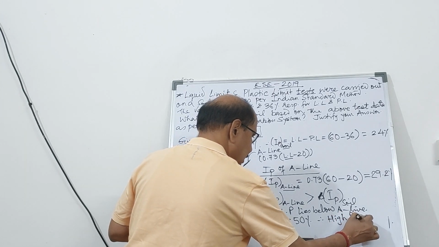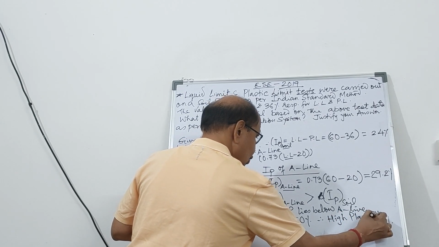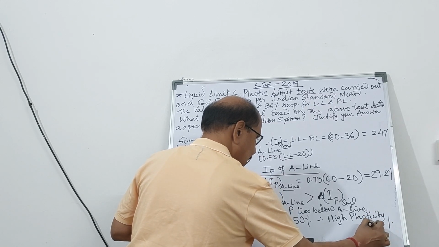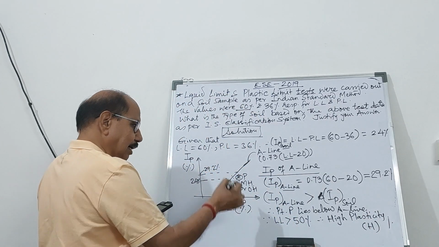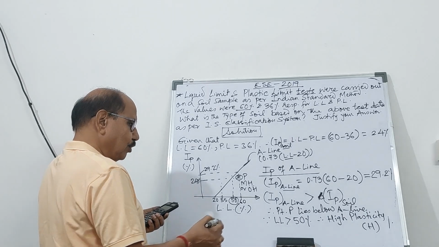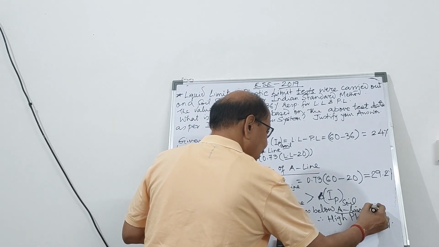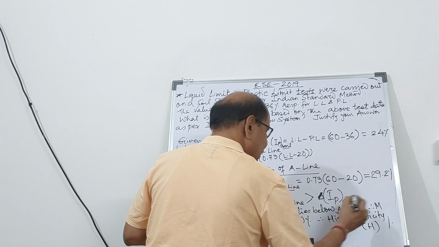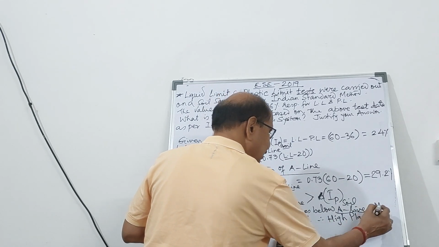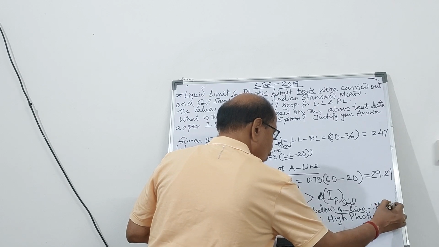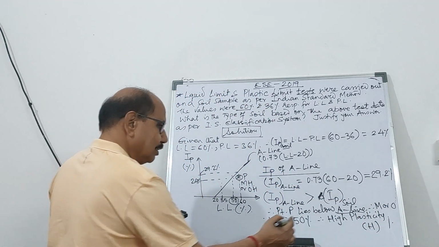High plasticity, so the symbol will be H. Because it is below the A line, it is either M, that is silt, or O, that is organic soil.